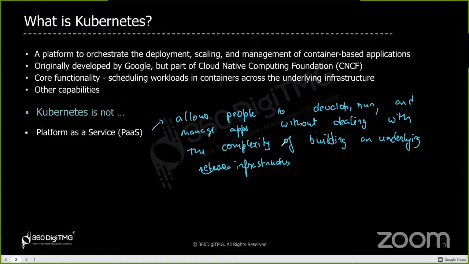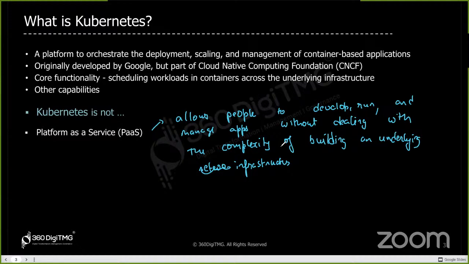Now, we also have abstraction level. Platforms will give you a higher level of abstraction. It focuses more on the application layer, and it reduces the requirement for you to worry about the lower-end stuff, whereas Kubernetes will operate at a lower level.